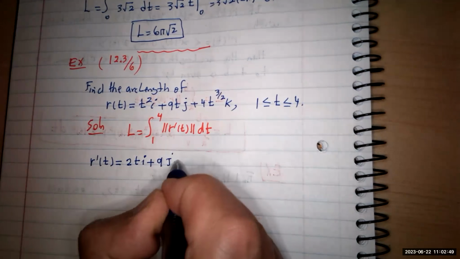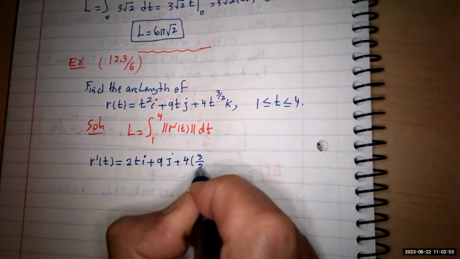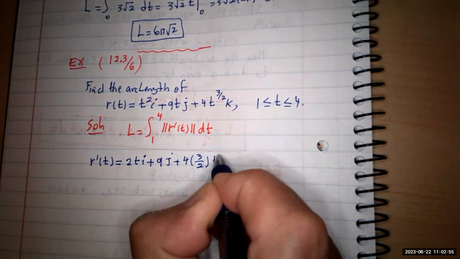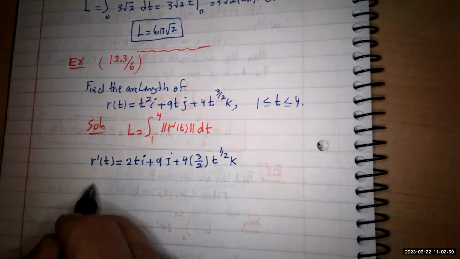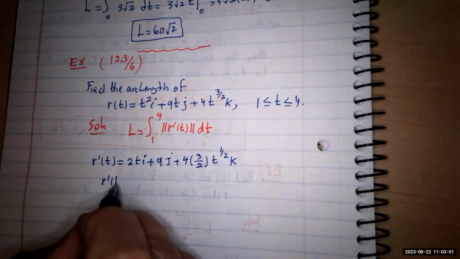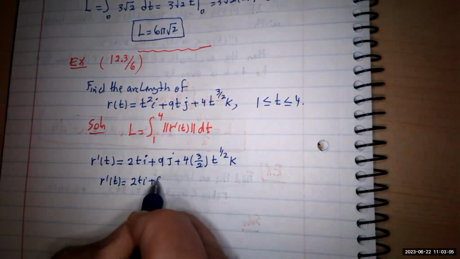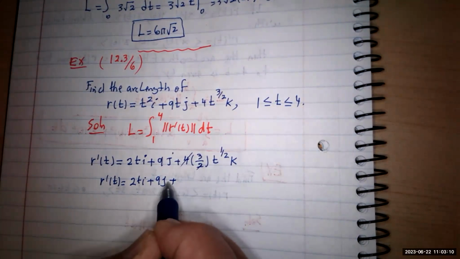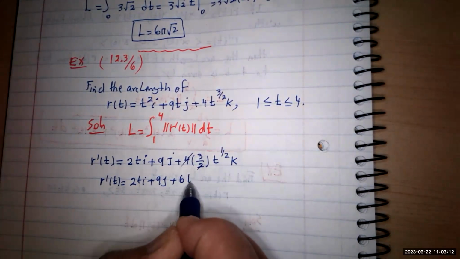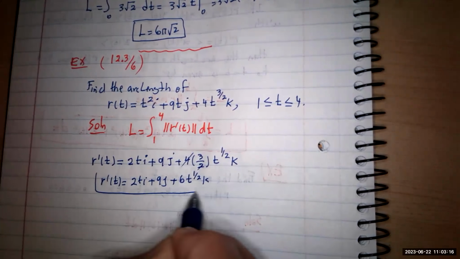And over here, you get 4 times 3 halves t to the 1 half, and the 4 and the 2 would be simplified. That gives you 6t to the 1 half k. So that's going to be your r prime.